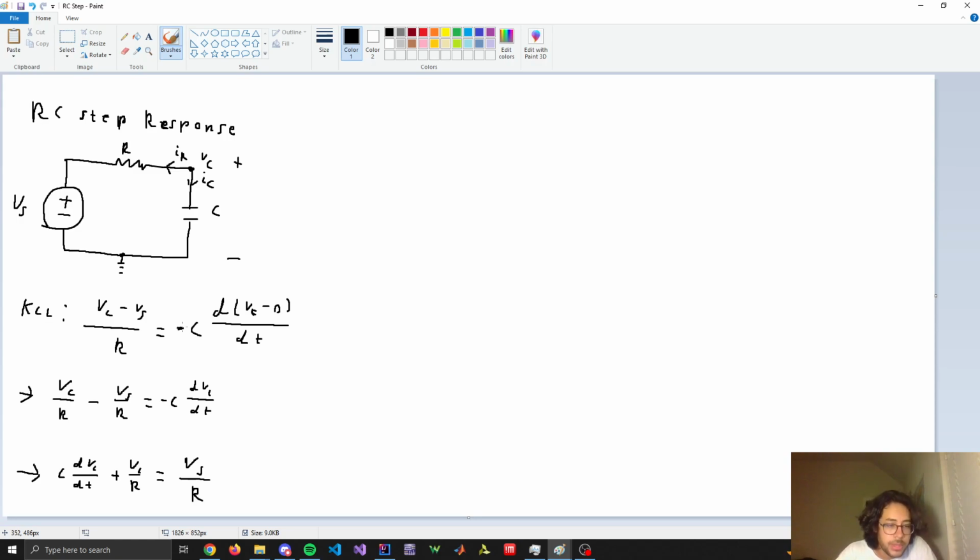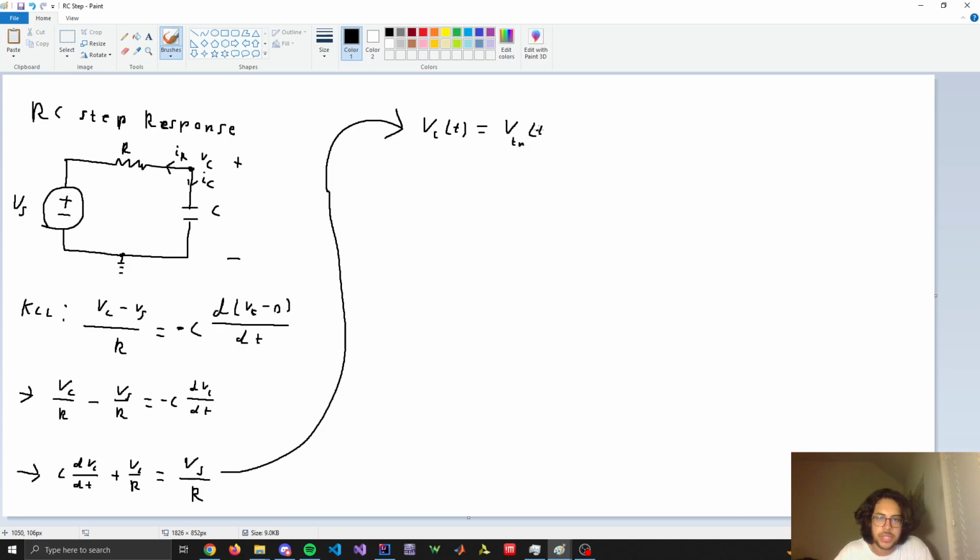So now we have a differential equation that's much more difficult to solve. We can't solve this by separation of variables. So now how you solve this is, well, remember from differential equations, the solution to a non-homogeneous differential equation, the total solution, I'll say it's V sub C of t, that's what I'm trying to solve for, equals its transient, the V transient, plus V SS, or I'll call steady state as a function of time.